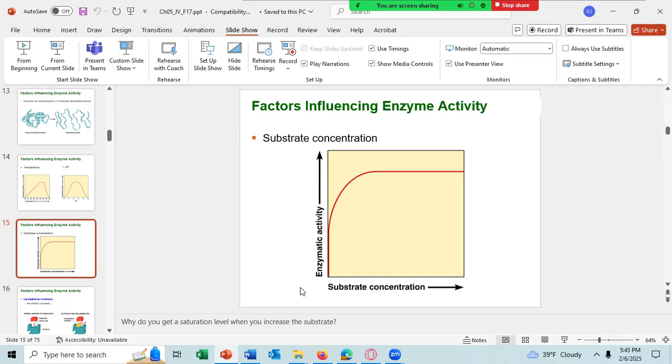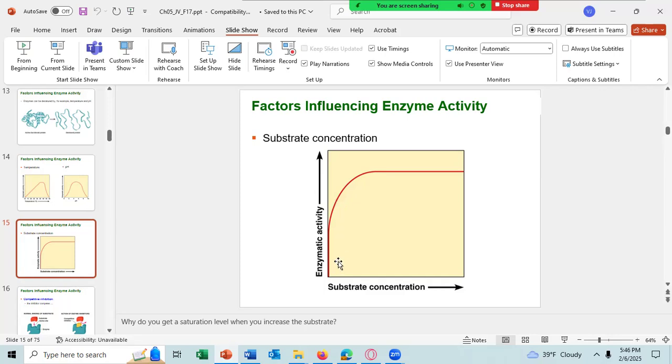There's very few molecules together, both the enzyme and the substrate, and so as you increase the substrate concentration, you will quickly get more and more enzyme activity. That will eventually start to slow, and that's because the enzymes are now becoming bound to the substrate.